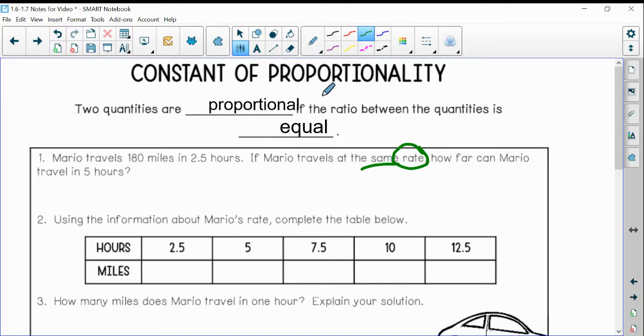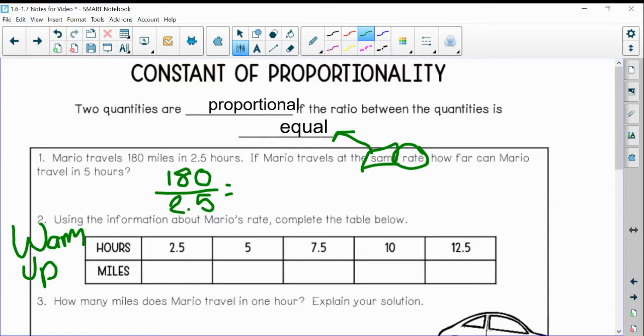How far can he travel in 5 hours? So what that tells me is the same means that it is equal. So if I can say that he travels 180 miles in 2.5, we can say this is our warm up.